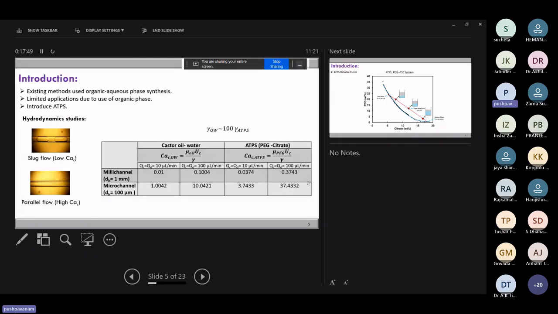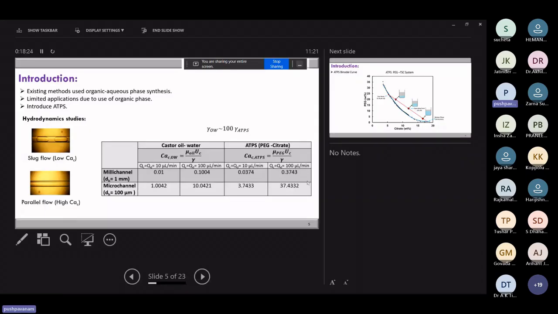What I wanted to show in this figure is the kind of capillary numbers we have. If you work with a microfluidic system where the channel diameter is about 100 microns, you see that for the flow rates, the capillary number in the oil-water system is 1, 10, 3 and 37, depending on the flow rate.